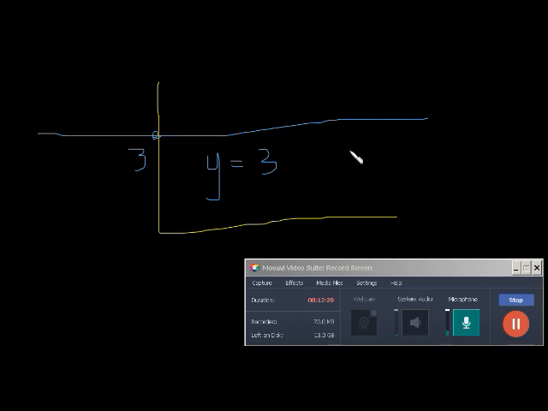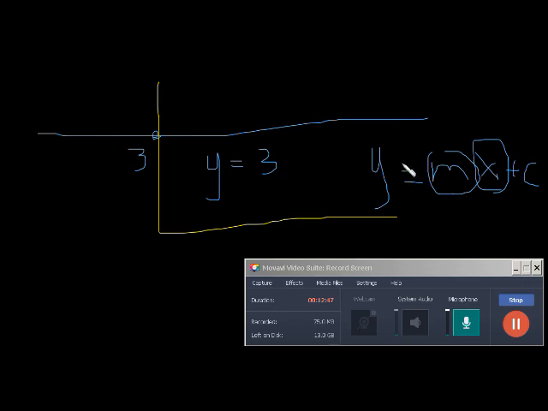As we know, the straight line graph equation is usually in this form: y is equal to mx plus c. c is the y-intercept where the y-axis is being cut by the graph, and m is the gradient of the slope, and x is there for the function of the graph.